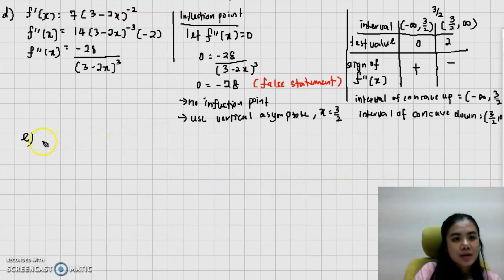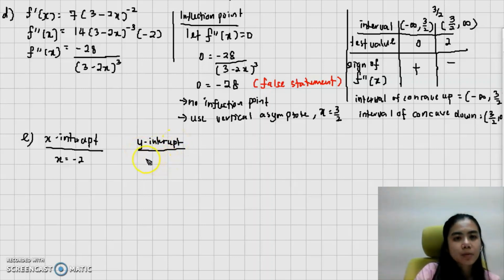So we have the x-intercept, that is x equal to -2, the y-intercept, that is y equal to 2/3. And what else do we need?